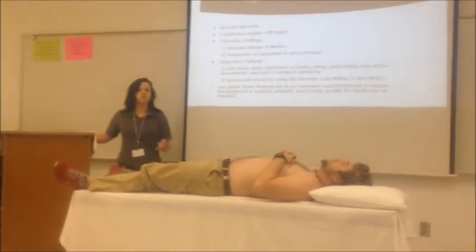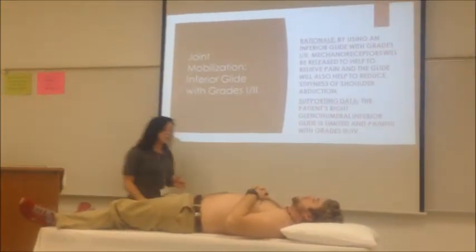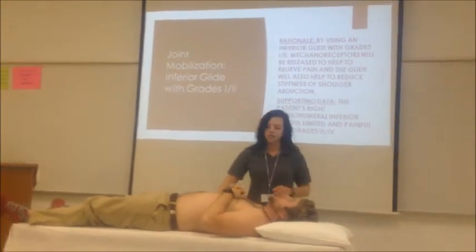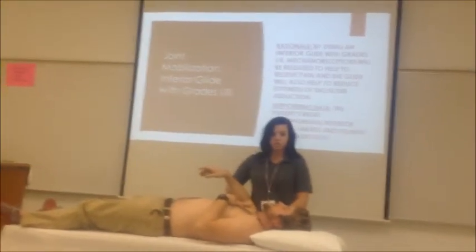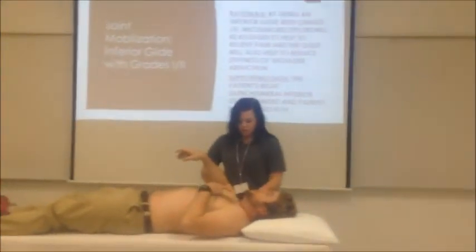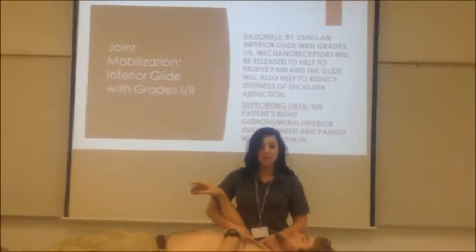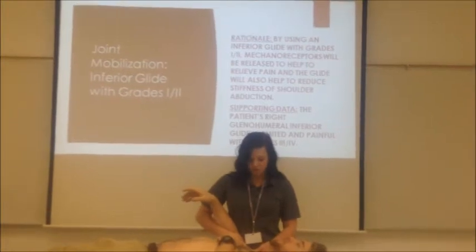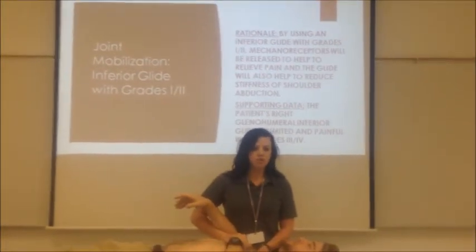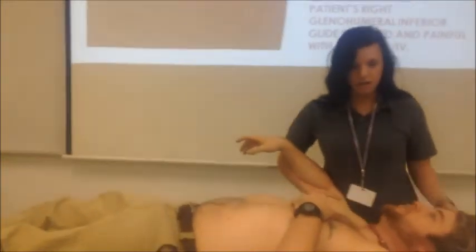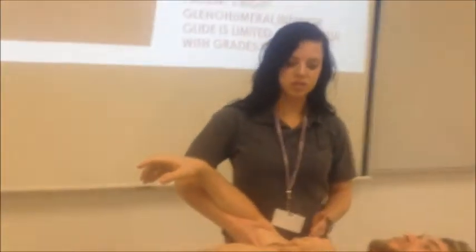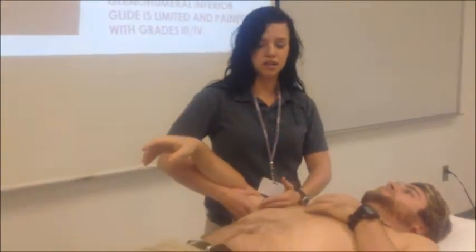working like it should. This patient, like I said, has a right shoulder repair. So he is tender, he is painful, and he has a limited grade 3 and 4 inferior glide, which is, if you do shoulder abduction, taking it out to your side like this, the humeral head will slide inferior.